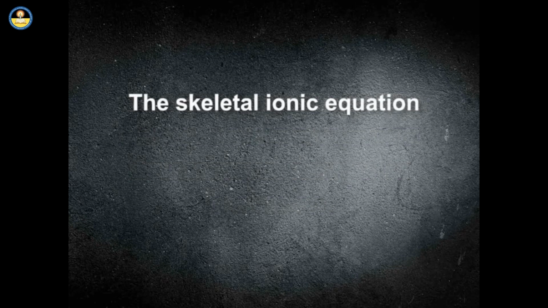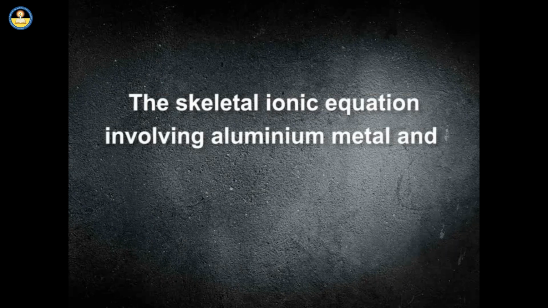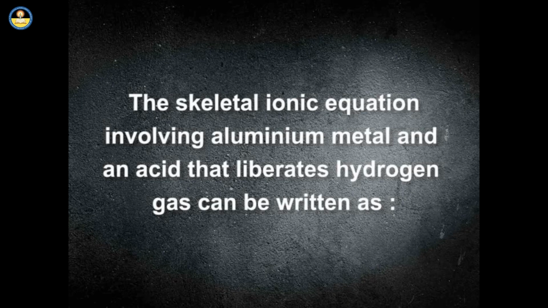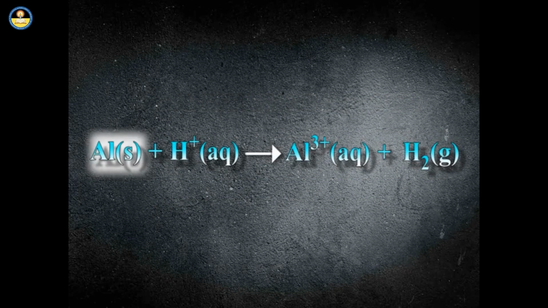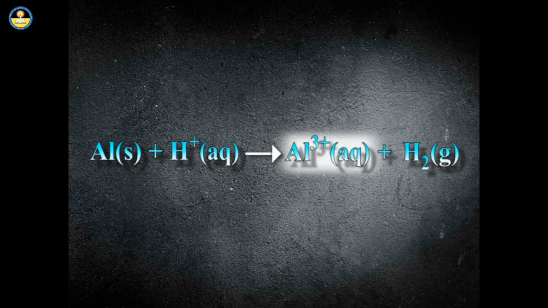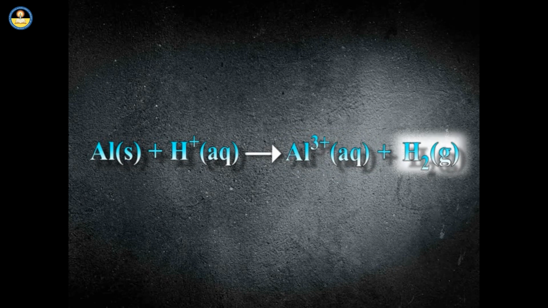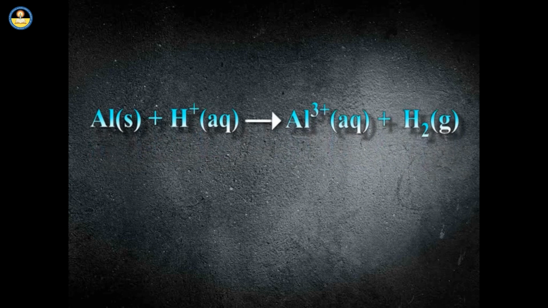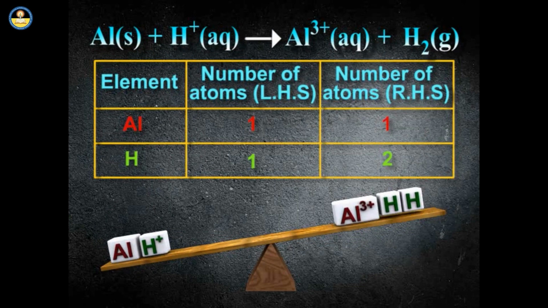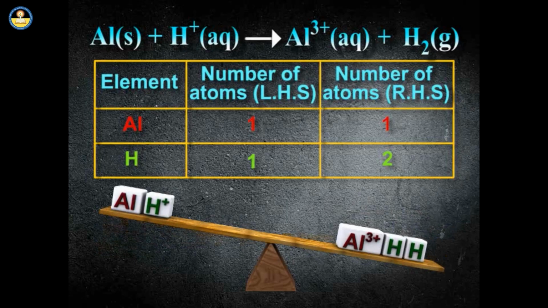The skeletal ionic equation involving aluminium metal and an acid that liberates hydrogen gas can be written as Al(s) reacts with H⁺(aq) to give Al³⁺(aq) plus H₂ gas. Such equations must be balanced first for the number of atoms or ions only.